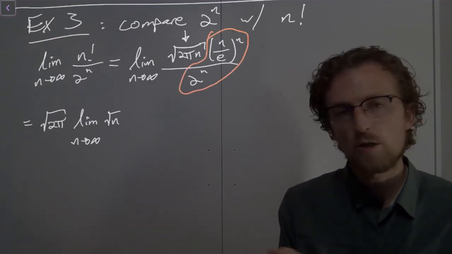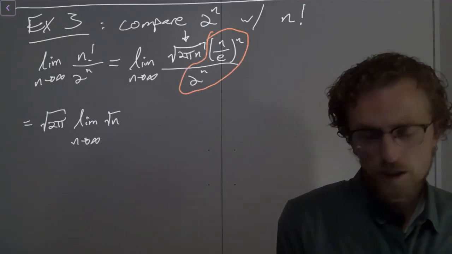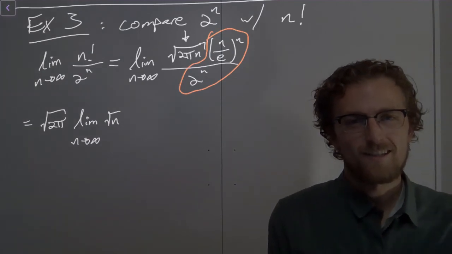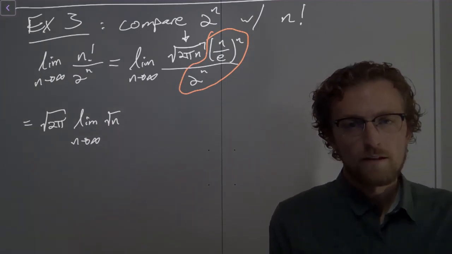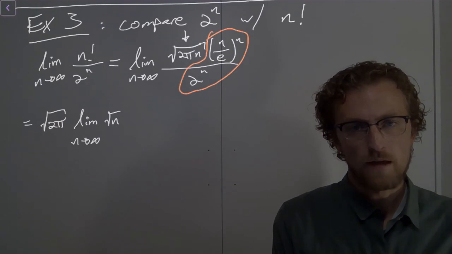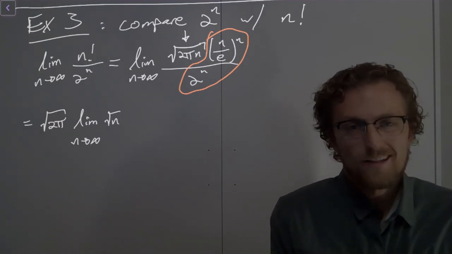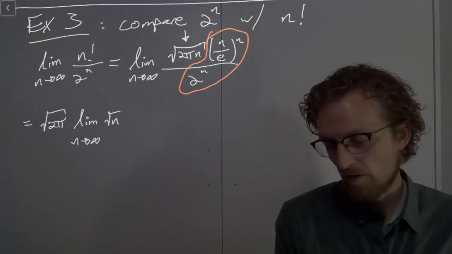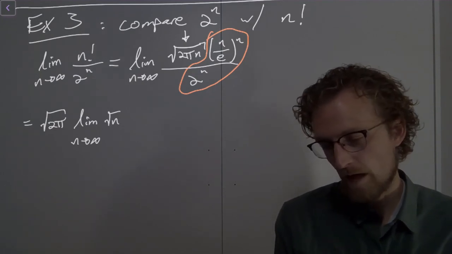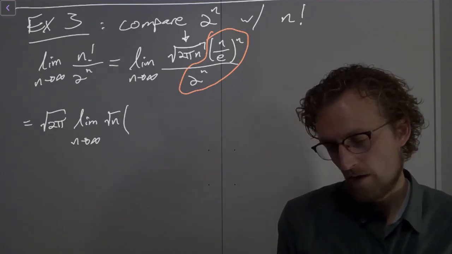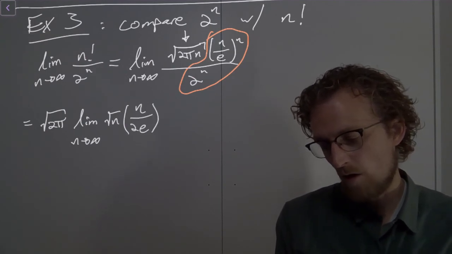All right, so what do I do with that junk? Well, notice this junk is something to the power of n divided by something to the power of n. So I can just mash them together, and it's all still something to the power of n. Right? So what do I have? I've got n divided by 2e, all to the power of n.